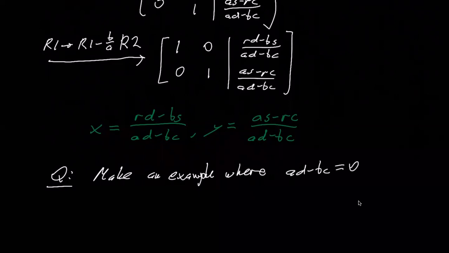And I don't mean just pick the same numbers for A and B and C and D, but actually try to come up with an example with different numbers and see what happens. Especially, how are the lines related geometrically? I claim there's something interesting there.